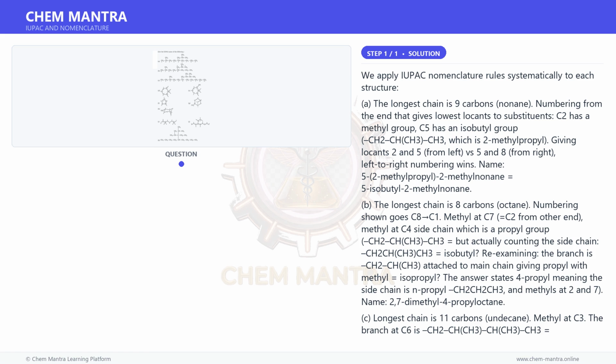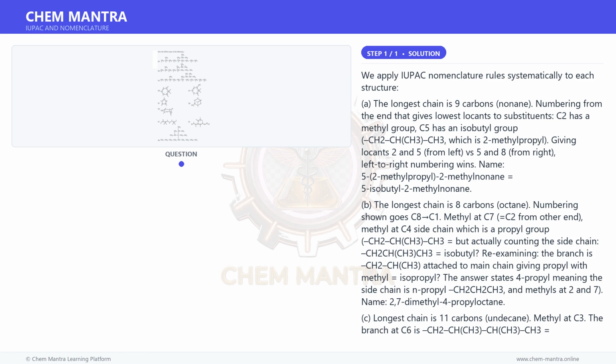F: 1,2,4-trimethylcyclopentane. G: 2-methylbicyclo[3.1.1]heptane. H: 2-methylbicyclo[3.1.1]heptane. I: 2,2,6,6,7-pentamethyloctane. J: 4-(1-methylpropyl)-2,3,5-trimethylnonane, not butyl. K: 5-(1-ethyl-2-methyl-1-methylethylpropyl)nonane.